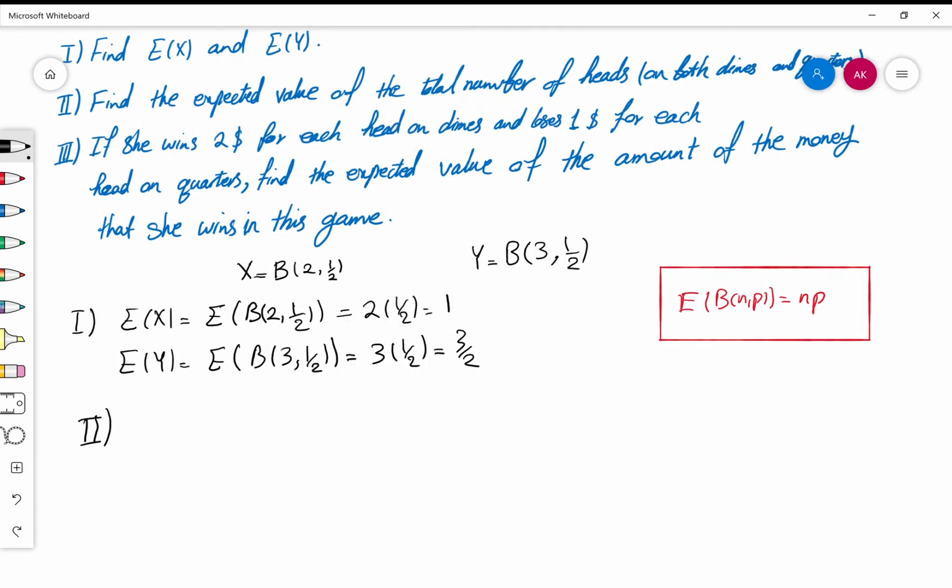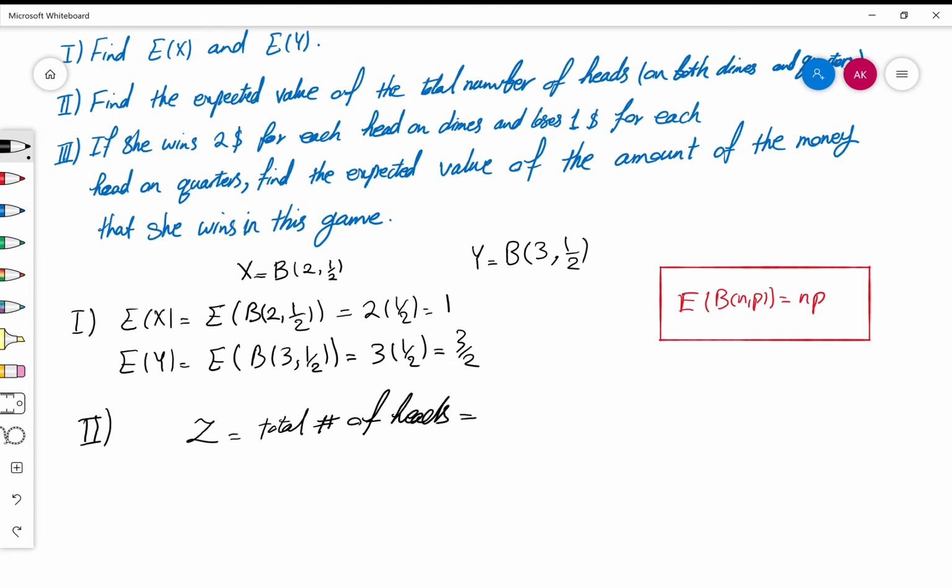The second part, we are dealing with another random variable which counts the total number of heads. So let me just denote it by z. Z is the total number of heads.